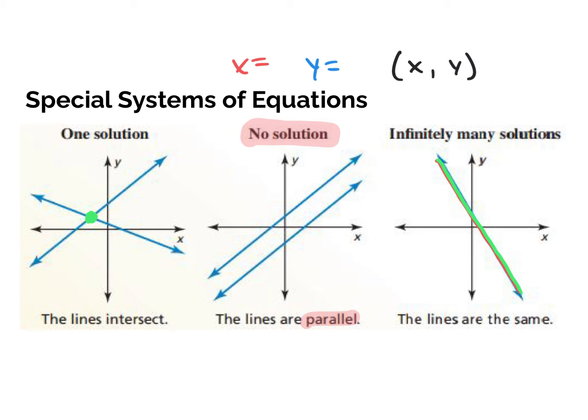If two lines are technically the same line, then they intersect not at one point or no points, but at every point, which means not that there's no solution or one solution, but infinitely many solutions. So what we're going to try and do today is solve systems of equations using the methods we learned and identify these special cases.